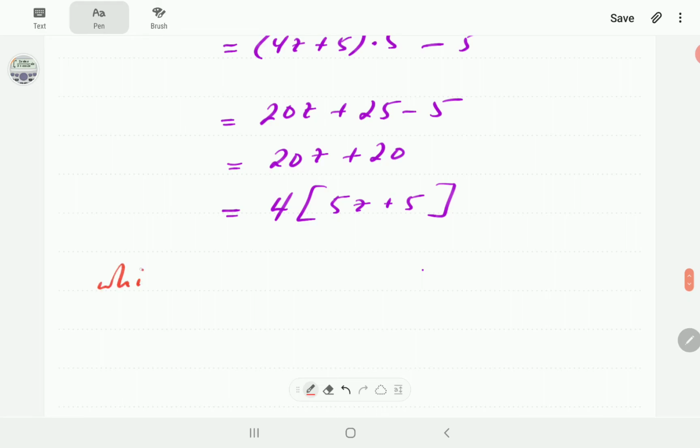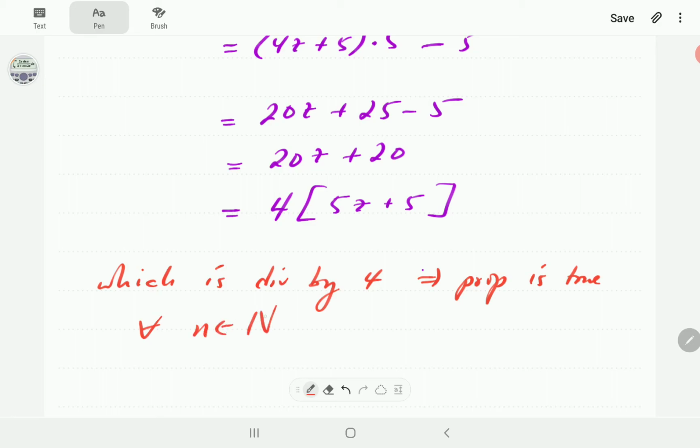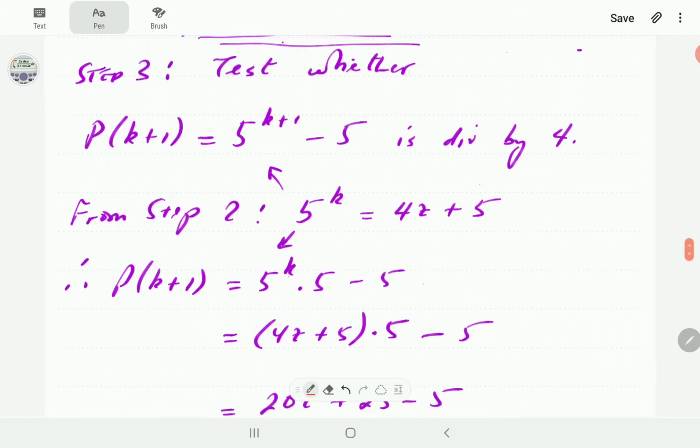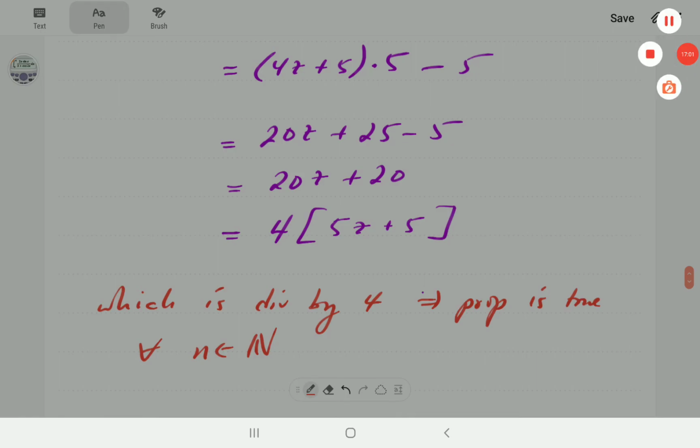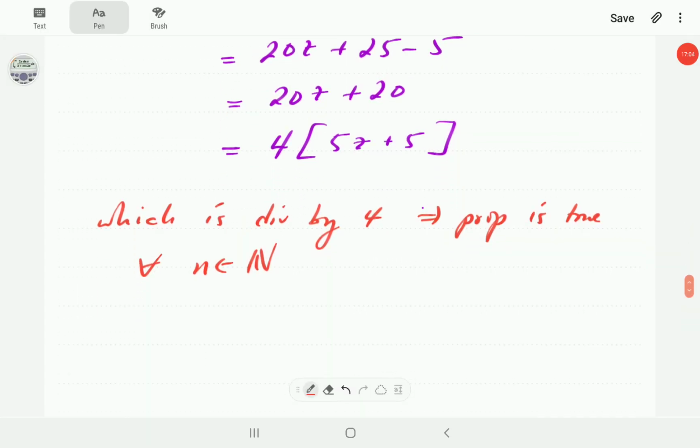So we're going to say which is divisible by 4 because it's a multiple of 4 really. So hence the proposition is true for all natural numbers. All right, so that's part B.